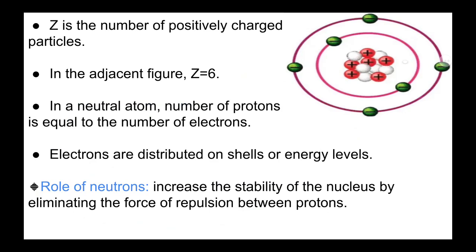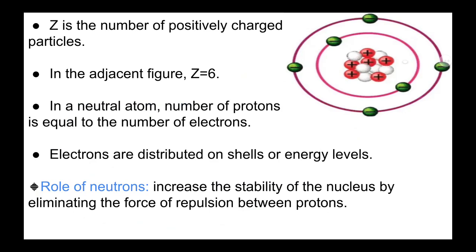As we know, neutrons have no charge. They have 0 charge. What is the role of the neutrons inside the nucleus? Neutrons increase the stability of the nucleus by eliminating the force of repulsion between protons. As we know, same charges repel each other.